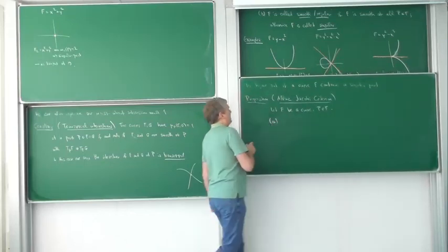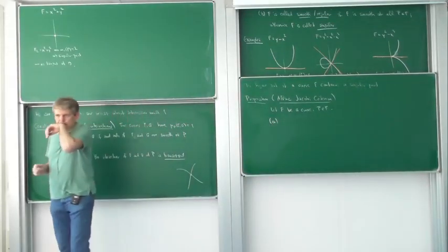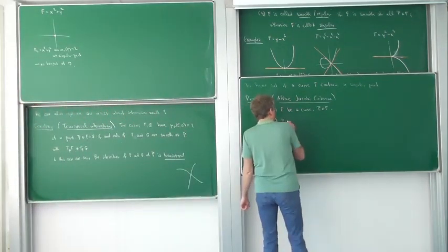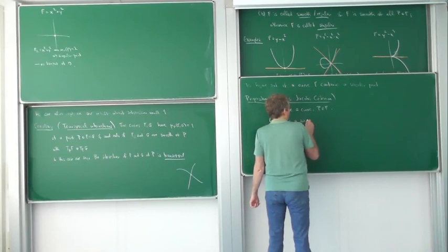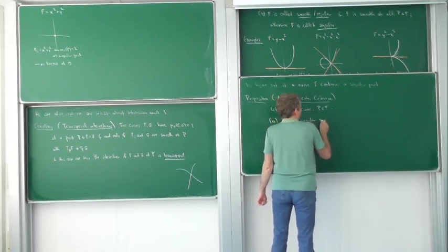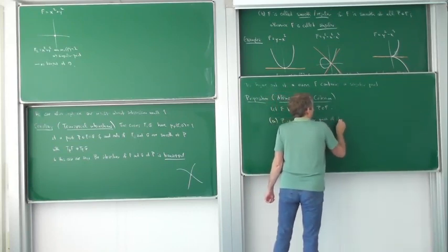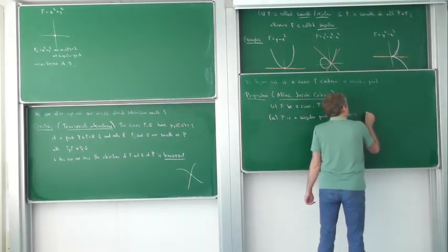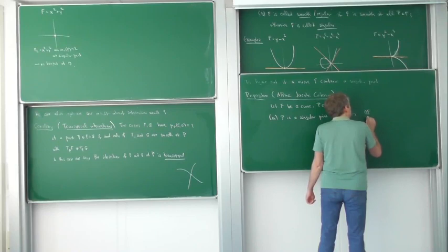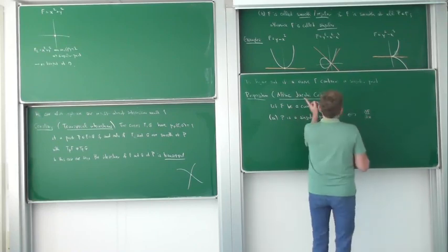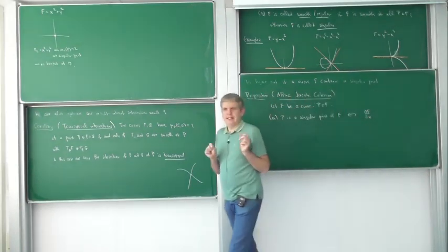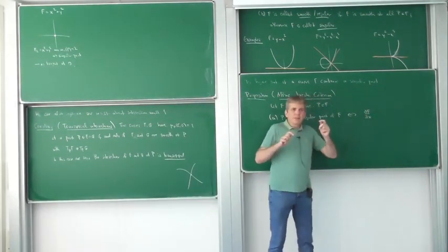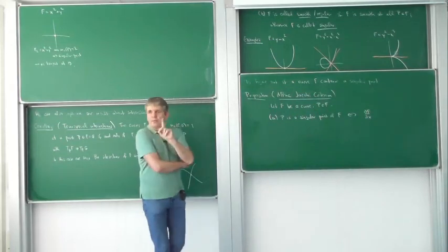Namely A, P is a singular point of F if and only if we take the partial derivatives. So that's why it's called Jacobi. I mean, there's some Jacobi matrices like from analysis coming in. And there is a differentiation, a formal differentiation for polynomials only, right?